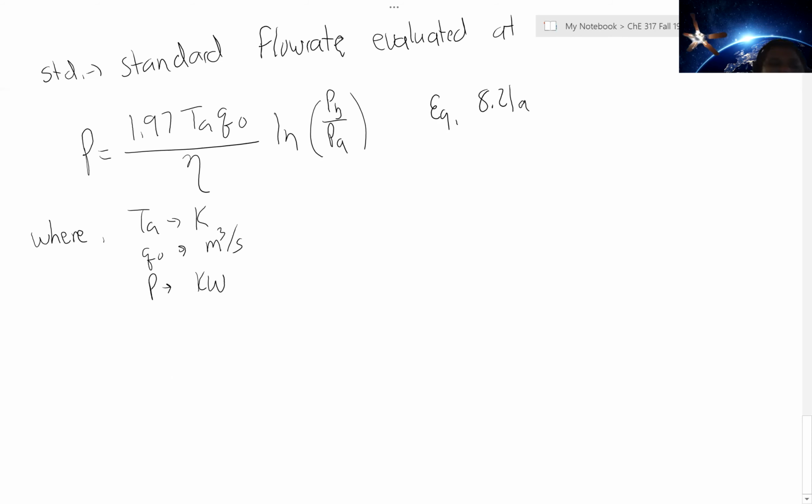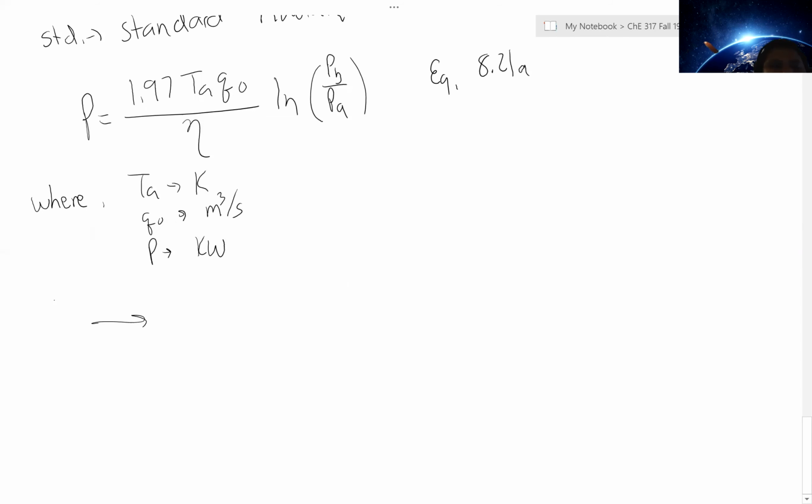Meaning if I want to have a fluid, let's say at 15 psi, and I want to get it to 500 psi, it's extremely unlikely that you're going to be able to achieve that in one compressor.